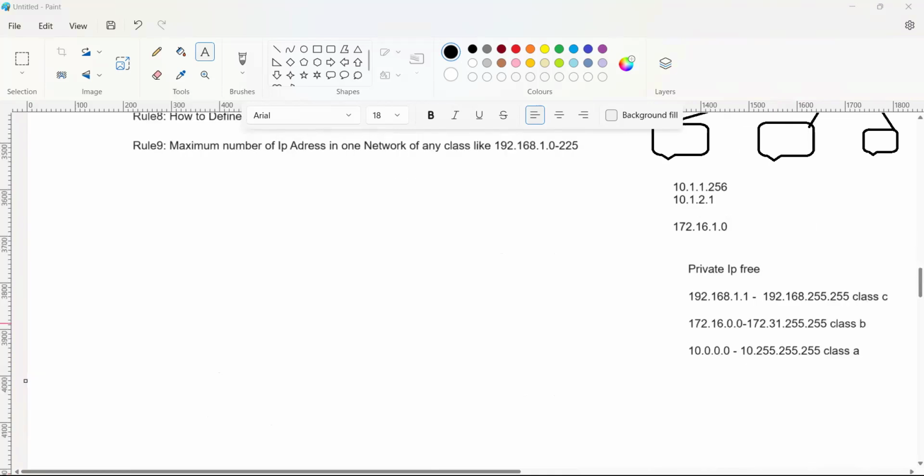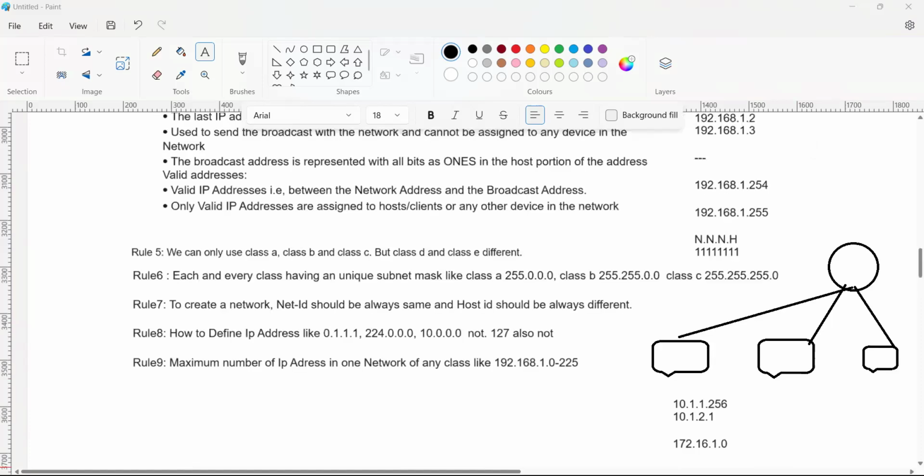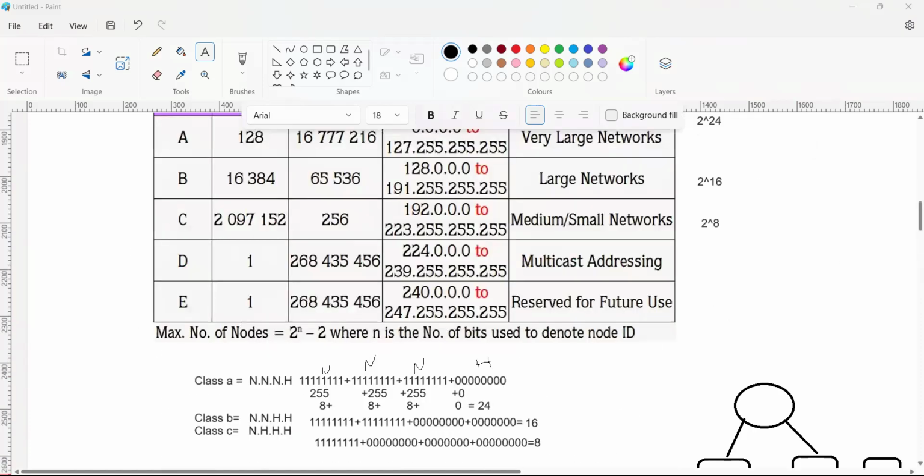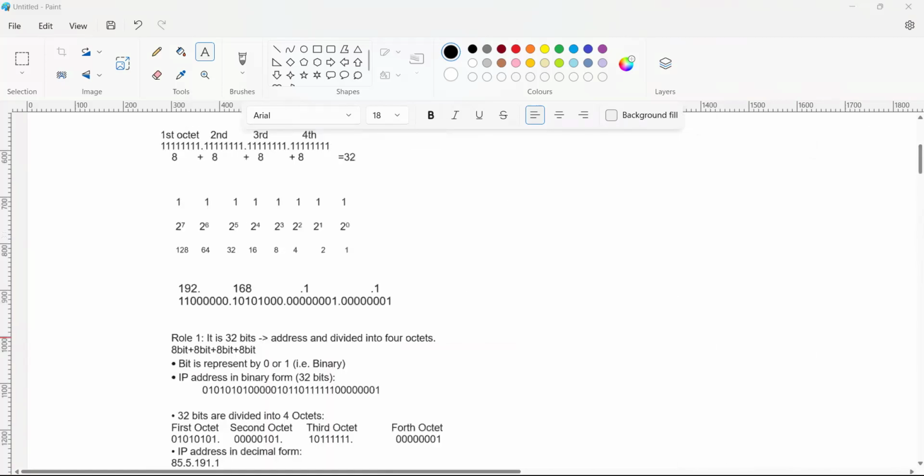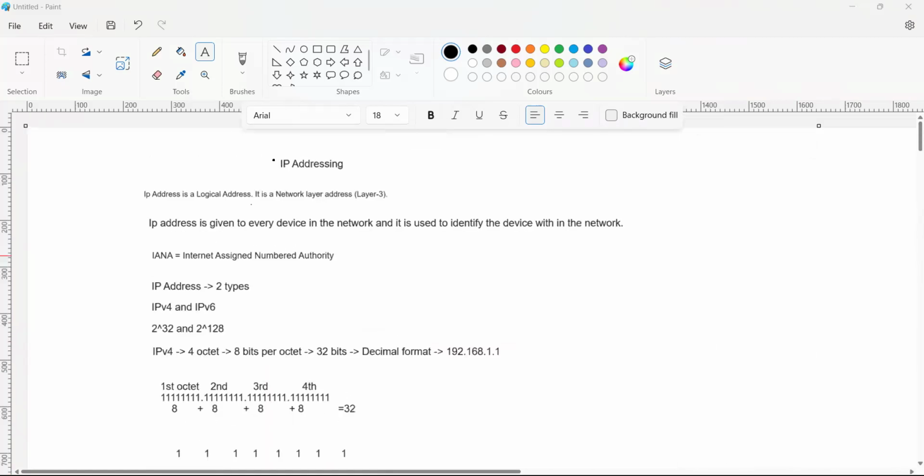Guys, if you have any questions about what we discussed so far, I'll revise again. First of all, IP addressing. IP addressing is layer 3 addressing, given to every device in the network, and it is used to identify the device within the network.